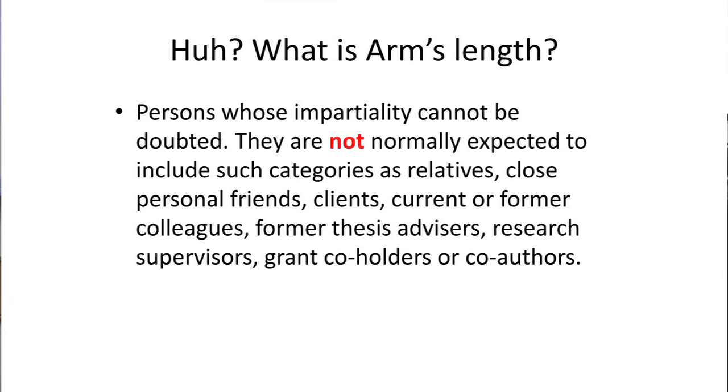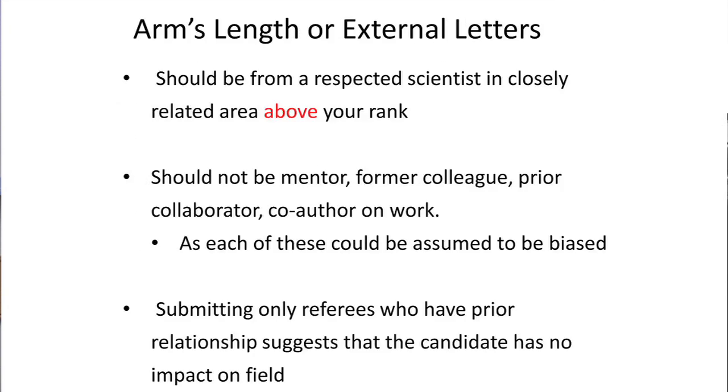They are not normally expected to include such things as relatives, close personal friends, clients, current or former colleagues, former thesis advisors, research supervisors, grant co-authors, or co-holders. Okay, so that's the first thing.